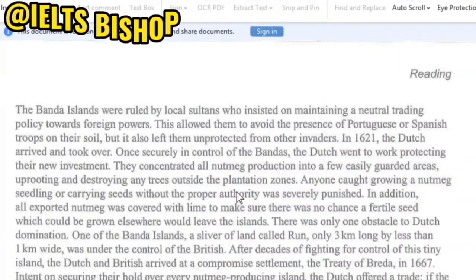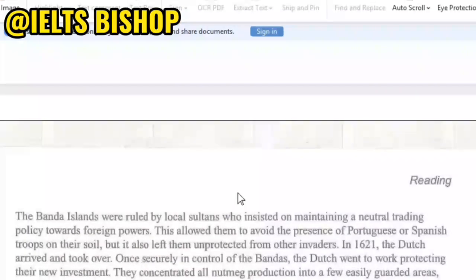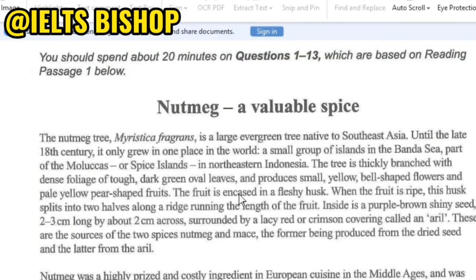In the first paragraph, I've seen nutmeg, but I've not seen Middle Ages and Europeans. I'm looking for Europeans.